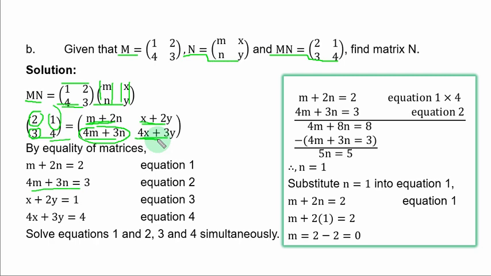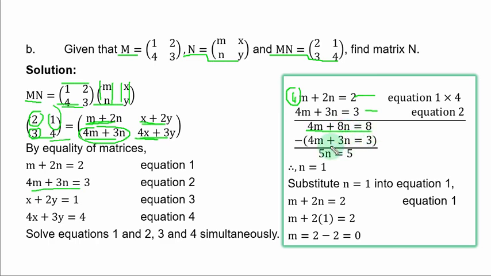We start with equation 1 and 2. This is equation 1, this is equation 2. I want to eliminate variable m. To achieve that, this place needs to be 4. You don't just write 4 there, but you multiply through equation 1 by 4, and equation 2 remains the same. If you do that, you have 4m plus 8n equal to 8.